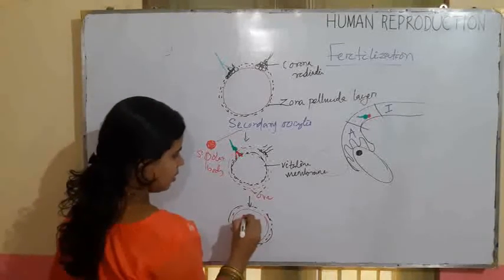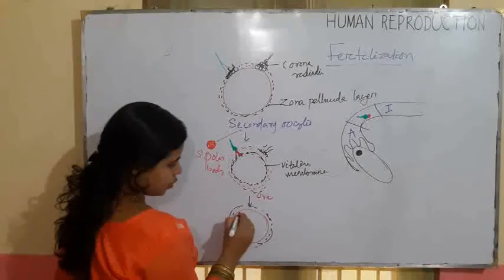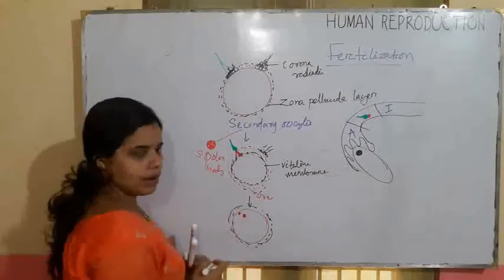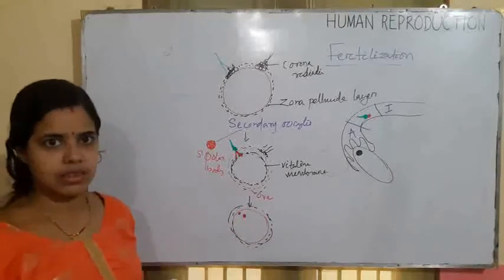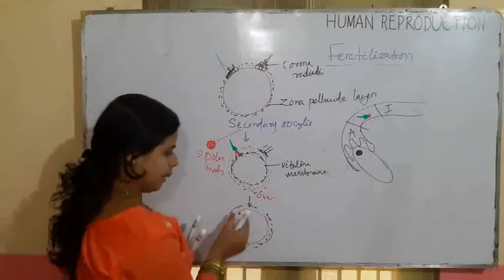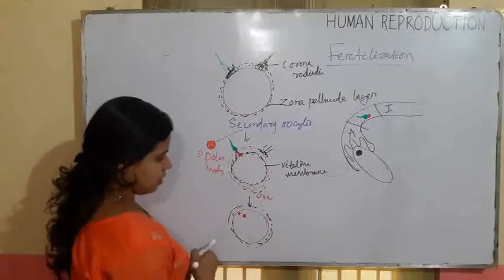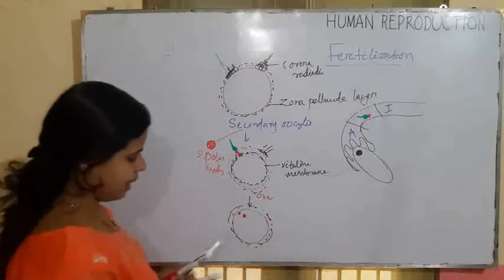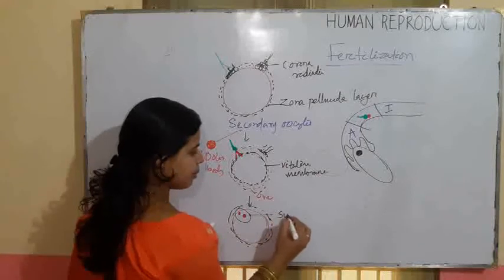An ovum nucleus is there, and the sperm nucleus is also shared by the sperm. Now fusion of the gametes takes place. The fusion of gametes takes place, which is called the syngamy process.